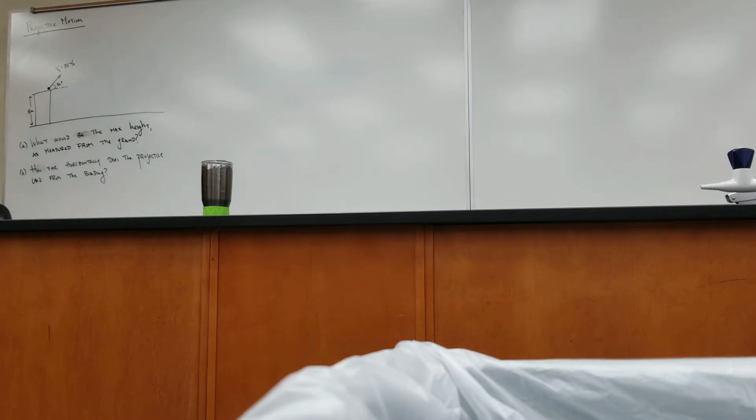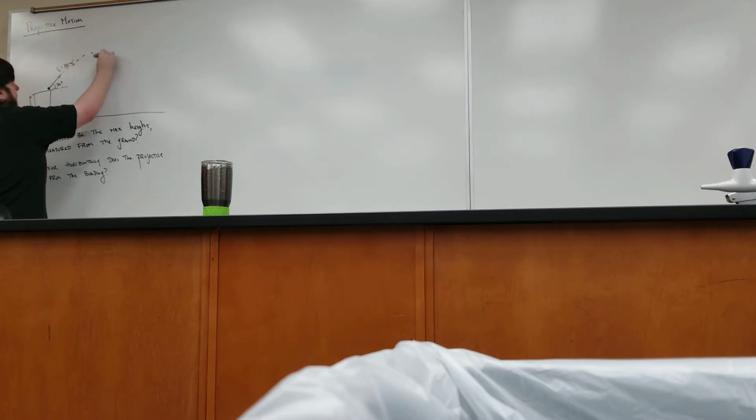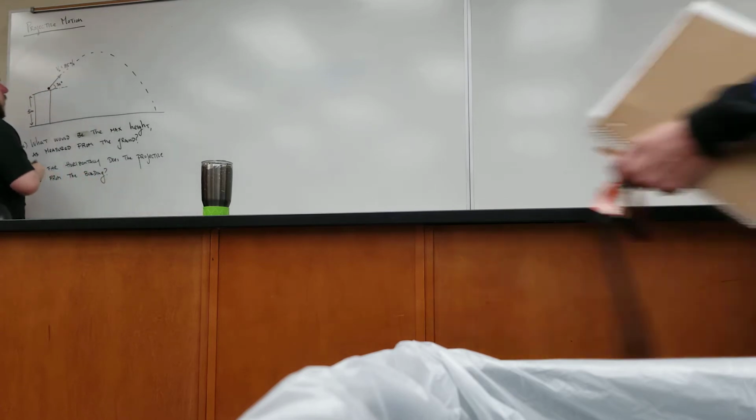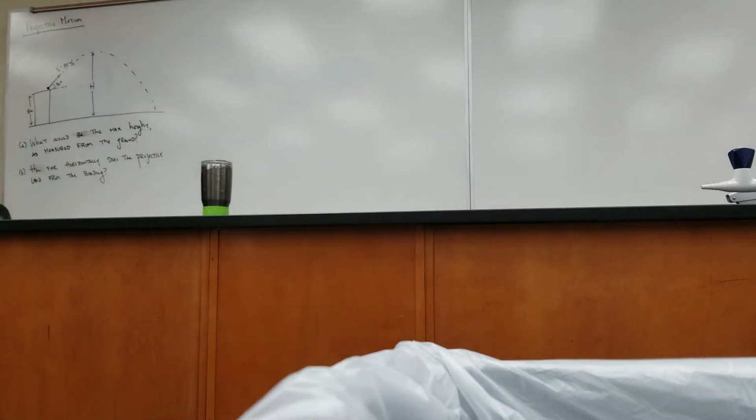Okay? This projectile is going to produce a trajectory that looks like this. And the two questions are going to be, what is the maximum height as measured from the ground? And then what is the range, or that horizontal distance away from the launching point that the projectile lands?